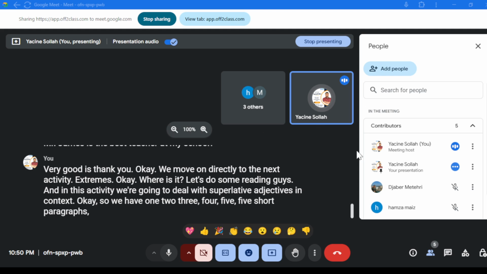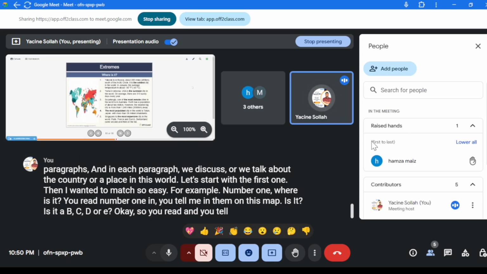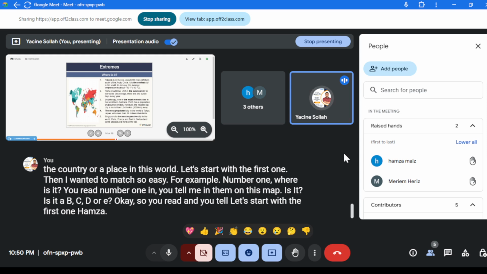Then I want you to match. So you read number 1 and you tell me on this map, is it A, B, C, D, or E? Okay, so you read and you tell. Let's start with the first one. Hamza, yes?